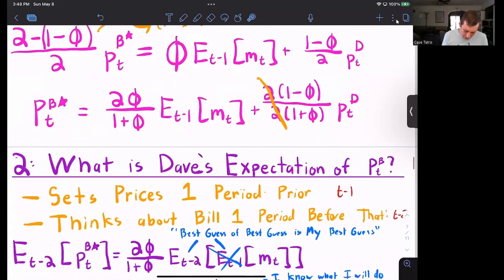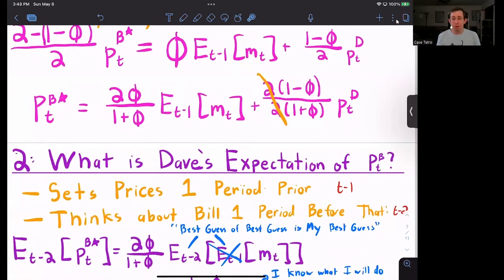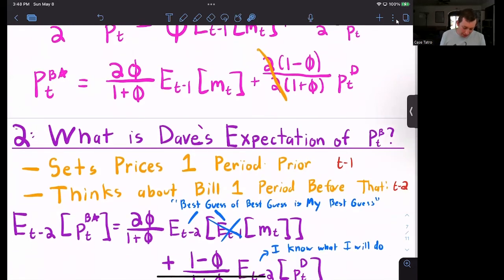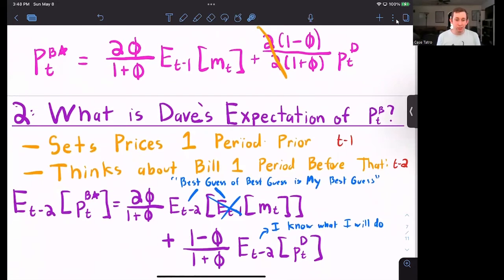Okay, so now I know that Dave is setting his price one period before Bill sets his price. So that means he needs to think about what Bill is going to do one period before that, in period t minus 2. So now we're going to think about the expected value 2 periods ago of Bill's optimal price today. Well, I'm just going to plug Bill's optimal price in with expectation, which is just this purple line. Notice that I have an E_{t-2} of E_{t-1} of M_t.